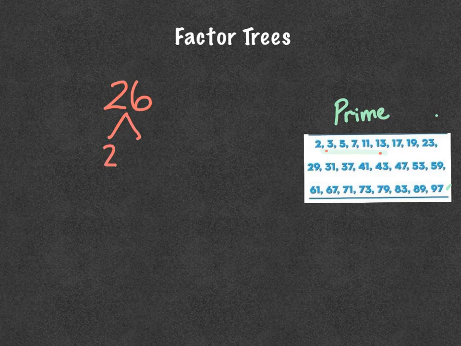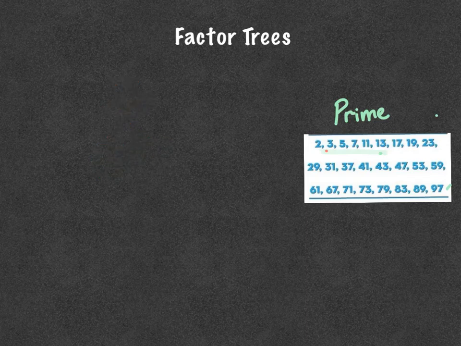So I could do 2, and anytime I'm thinking 2, I can think half. So what's half of 26? That's 13. 2 is prime, and if we check over here, 13 is also prime. So in this case, it's a really short and small factor tree.